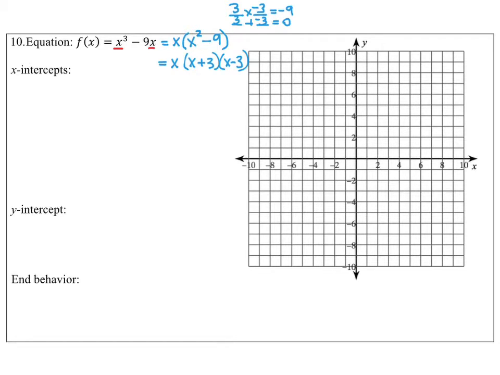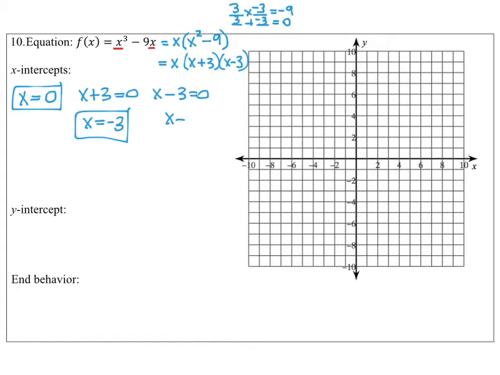To find the x-intercepts, I'm going to set all my factors equal to 0. I'm going to say x equals 0, x plus 3 equals 0, x minus 3 equals 0. That gives me an x-intercept at x equals 0, which we already have. X equals -3, and x equals 3.